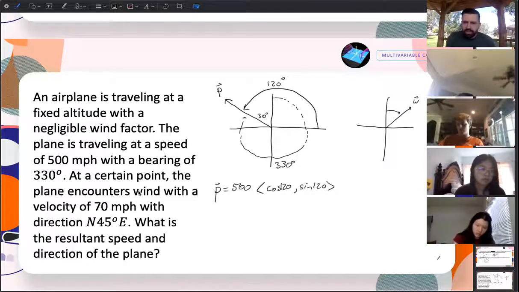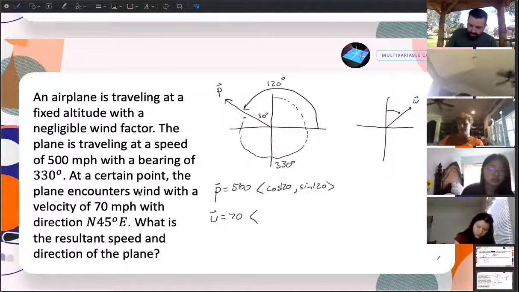So before using that unit circle, we need to make sure we have the angle from the positive x-axis. Our wind would be 70. And if that's 45 degrees here, we need this angle, which happens to also be 45 degrees.